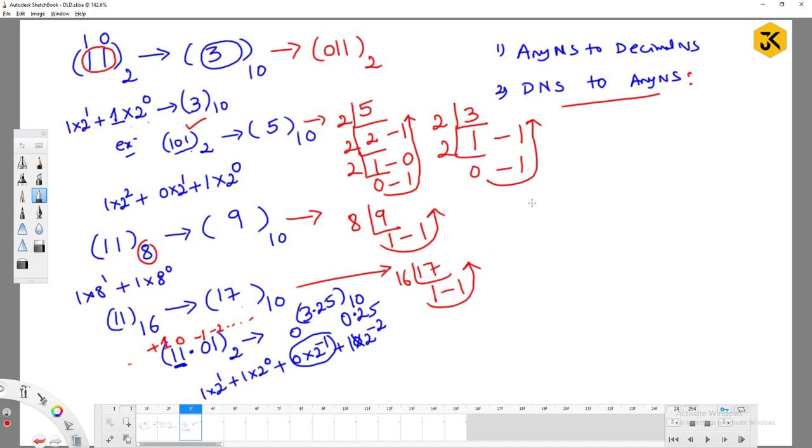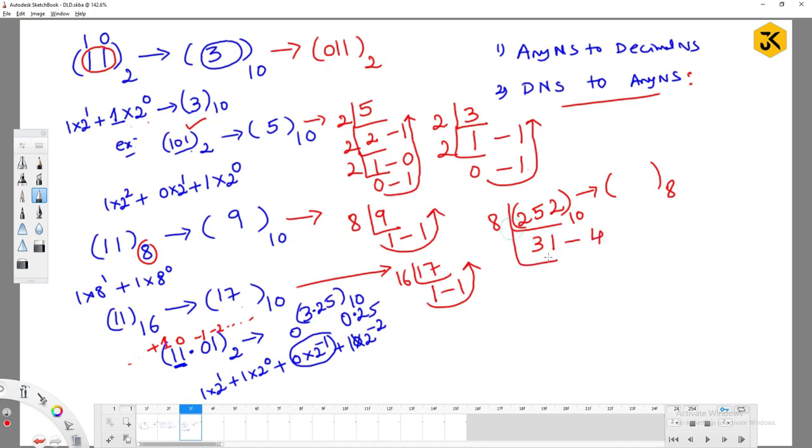For example, I am taking one number, 252, which is in the decimal number system. I am trying to convert it into the octal number system. How can you do that? Simply divide it by 8. 8 3s are 24, 8 ones are 8, remainder is 4.